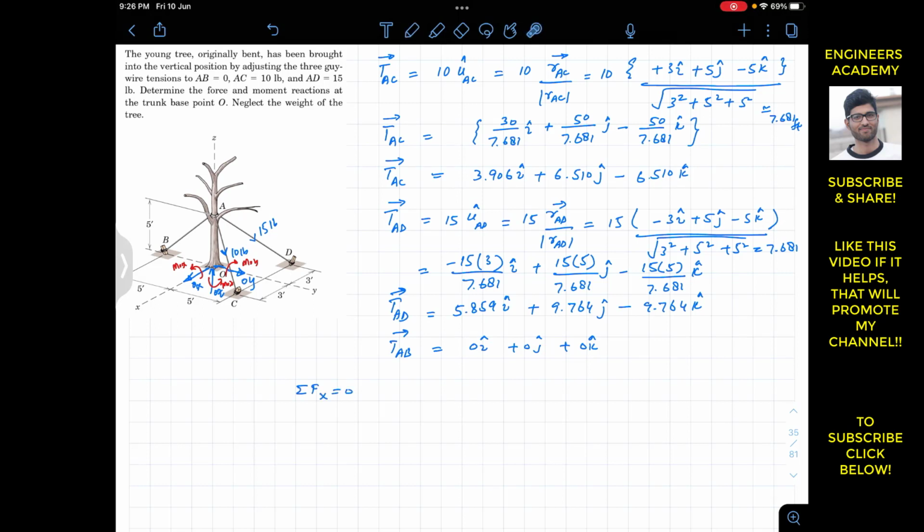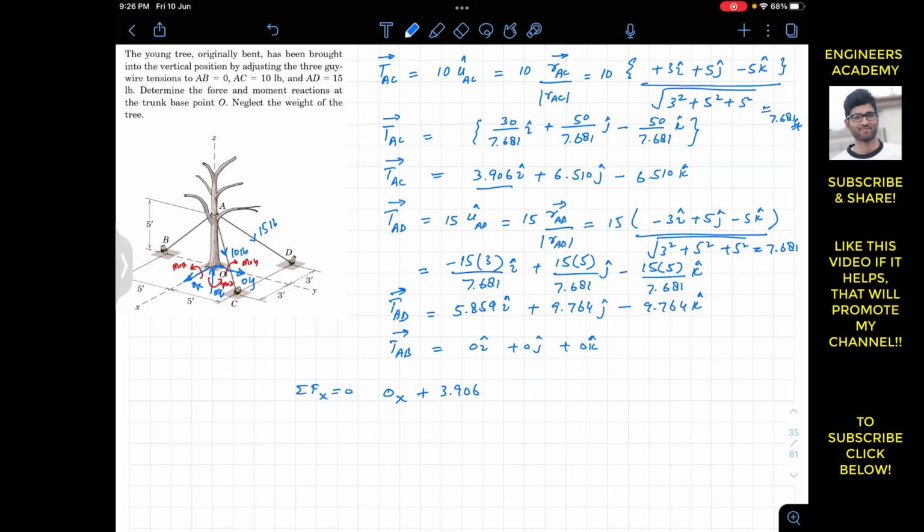Since this tree is in equilibrium, we will write that the summation of forces along X is equal to 0. So first of all, we have this OX in the X direction, so I will write OX. And then we have to add up all the I components, that is the X component of this TAC, the X component of TAD, and the X component of AB. So this will be plus 3.906. Let me write only the magnitude.